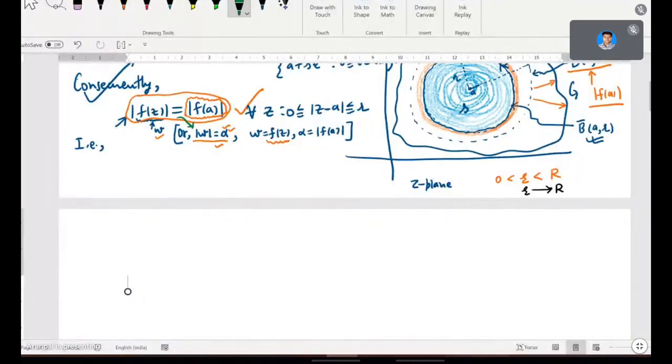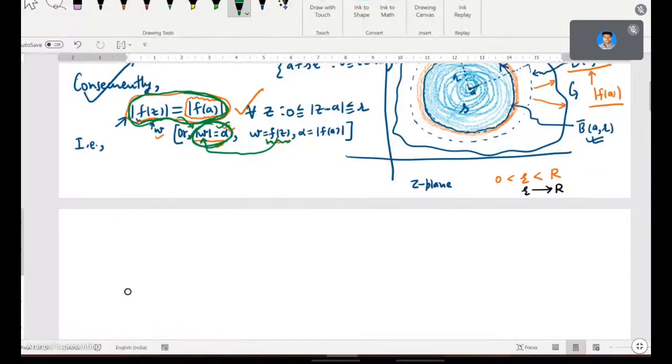It means, don't you see that these are f(z)'s now? It means all these images are lying on this circle. They are satisfying the equation of this circle. So I am taking a correct interpretation of this expression now.